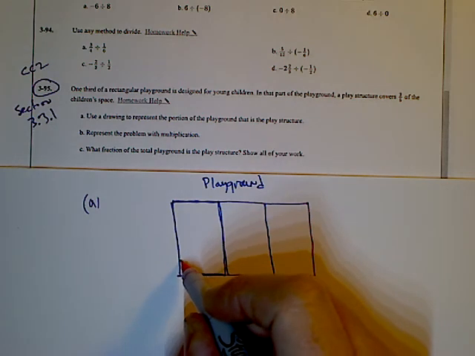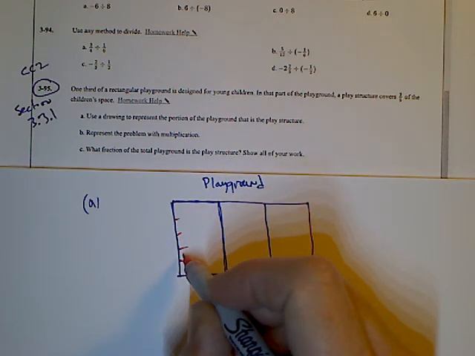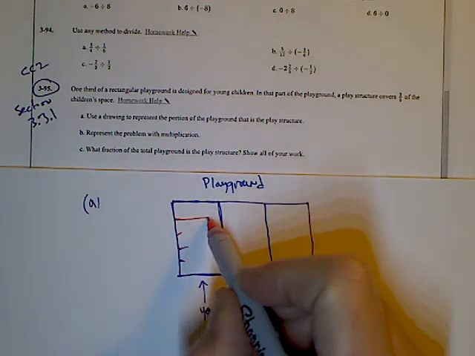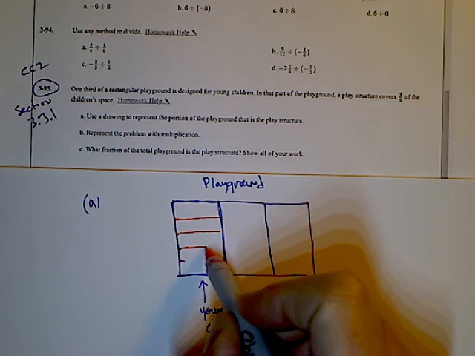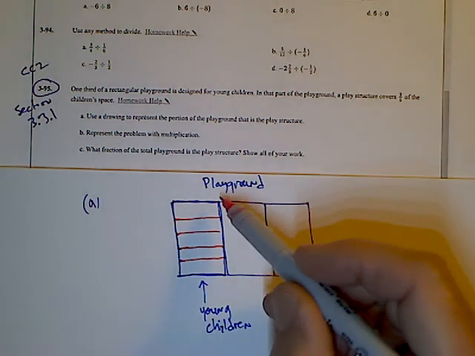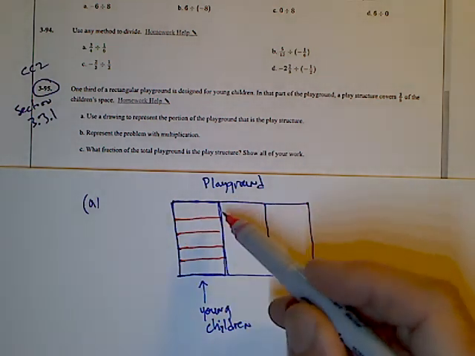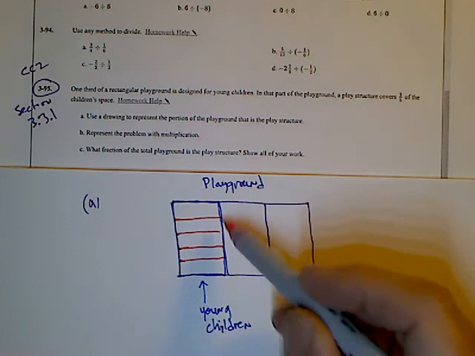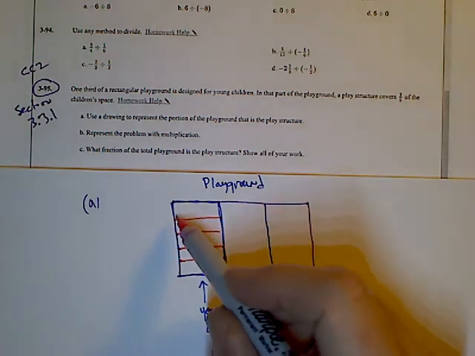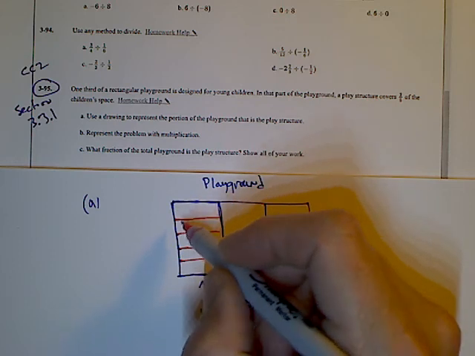So let's see, 1, 2, 3, 4, 5. So I'll cut this into fifths, right? So I have now 1/3 is for young children, and that's that whole big space. And then we've got this into fifths, and it says that 2/5 of it is the play structure.